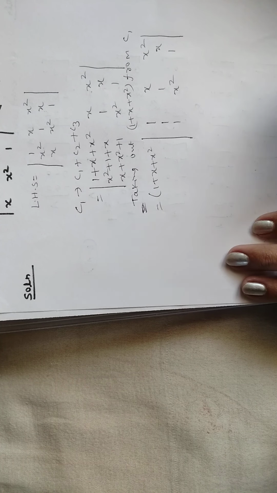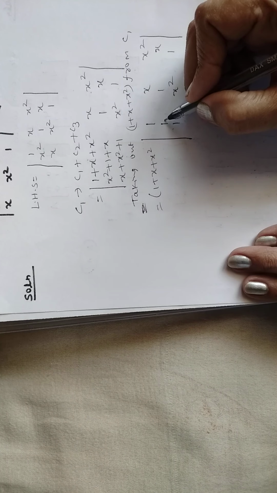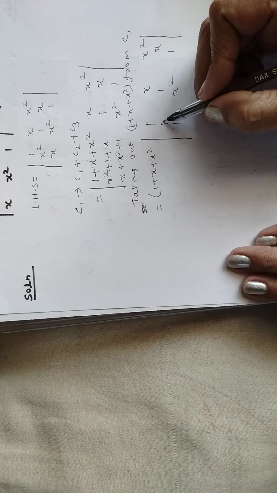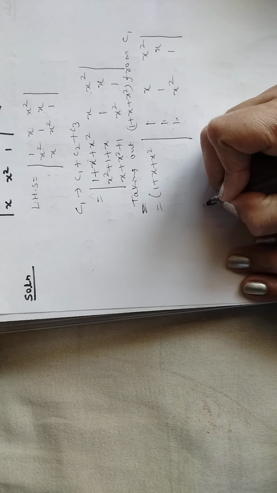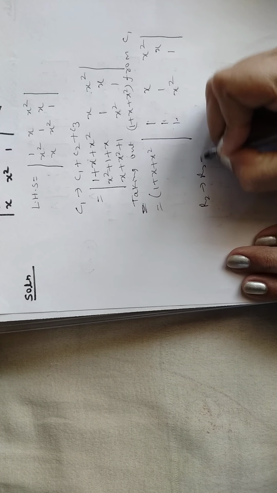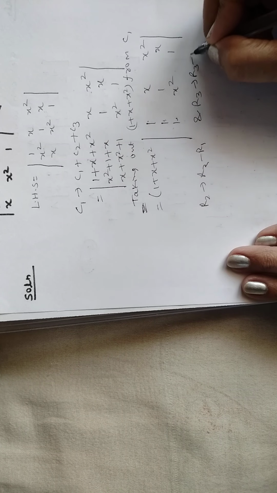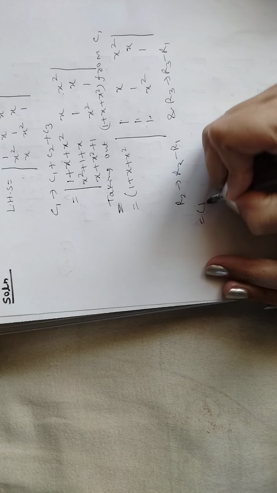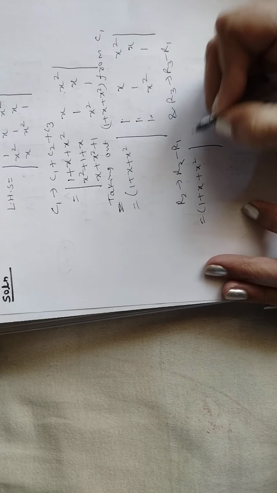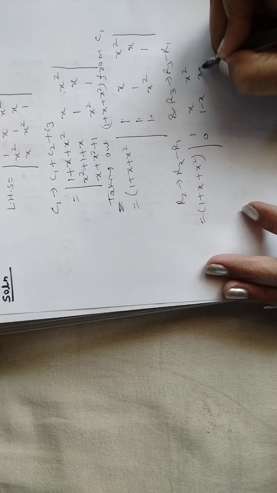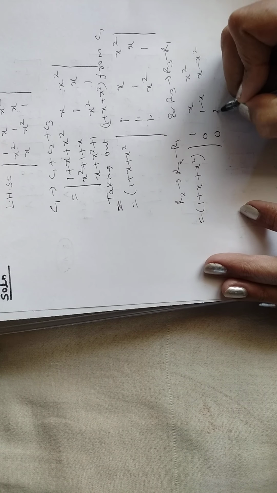Clear? Now you have to make these two 0 with the help of this. Whenever there are 3 ones, you have to make these two 0. So you will apply R2 goes to R2 minus R1, and R3 goes to R3 minus R1. So with this you will get 0, 0.